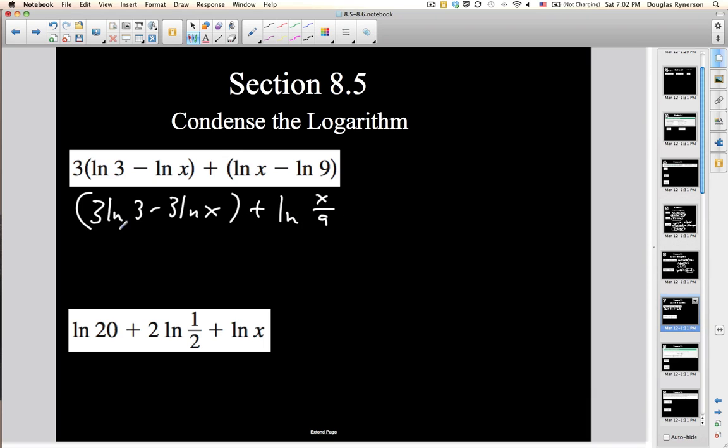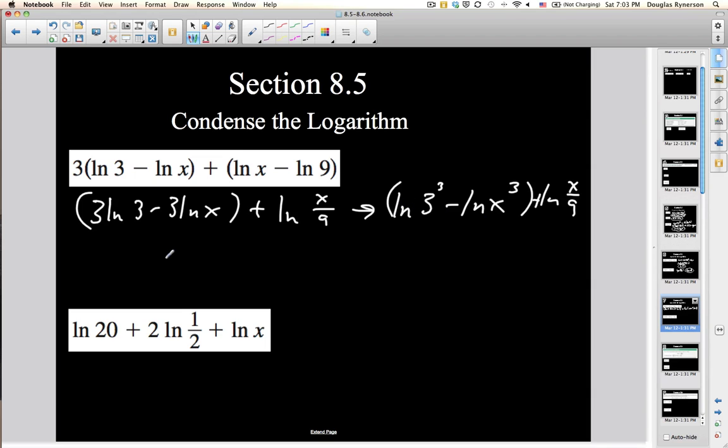When I go through with simplifying, the 3's are going to become exponents, so it's going to become natural log of 3 cubed minus natural log of x cubed, plus the natural log of x over 9.